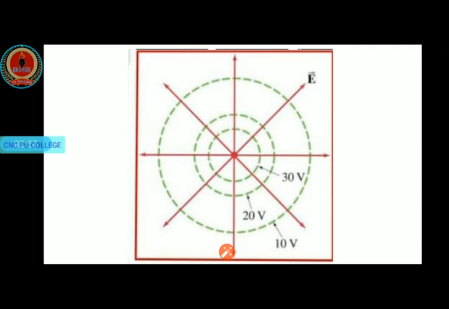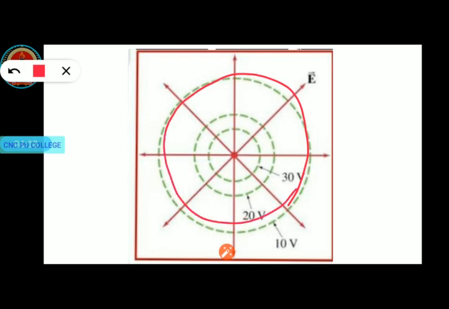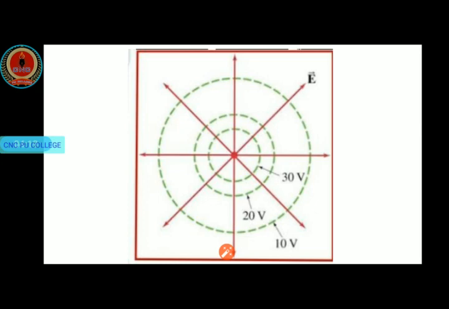The dotted spherical surfaces represent the equipotential surfaces. The outermost surface has 10 volt, next to that 20, and the last one has 30 volt. The 30 volt surface, which is very near to the source charge, has more potential because the work required is more due to the greater repulsive force. This is the case of the point charge.